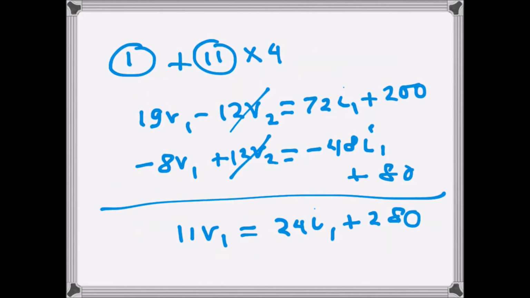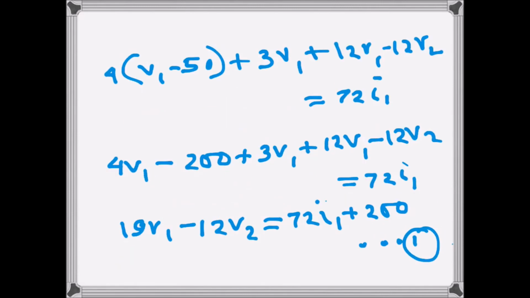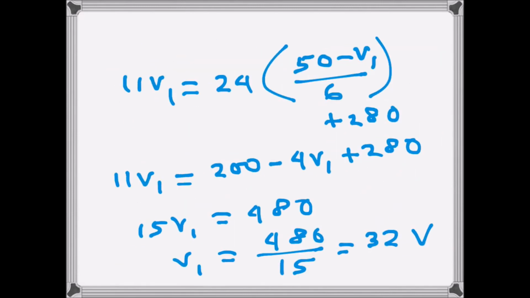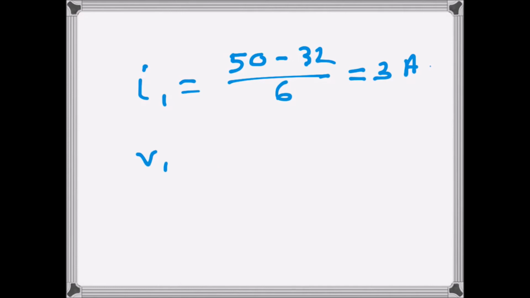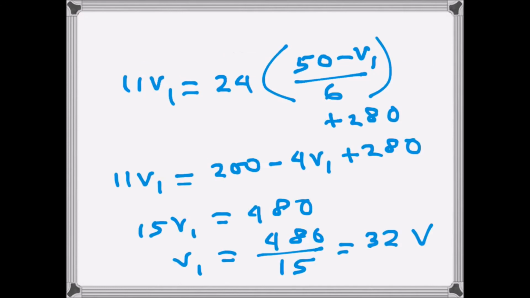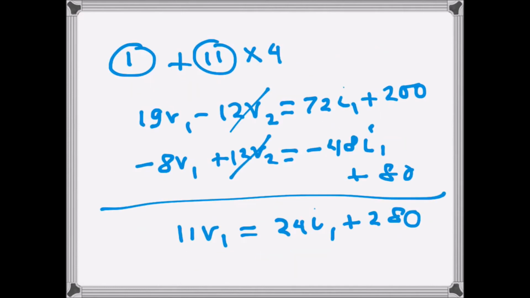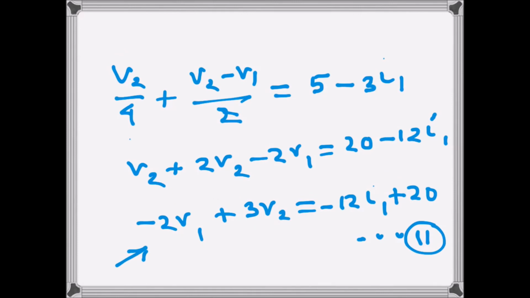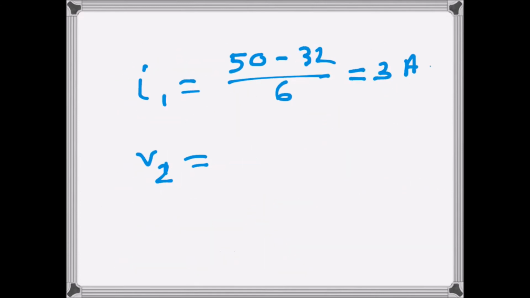Since we know this, let's find V2 as well, and then we have every unknown. So V2, if we write from this equation, 3V2 equals 2V1 minus 12I1 plus 20.